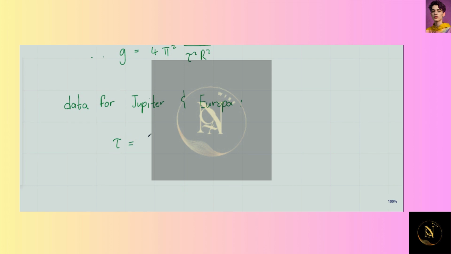Europa has a period of 3.551 days about Jupiter, and this is equivalent to 306,806 seconds.